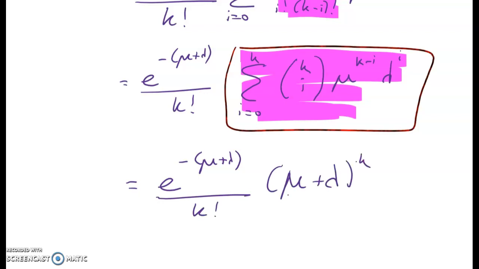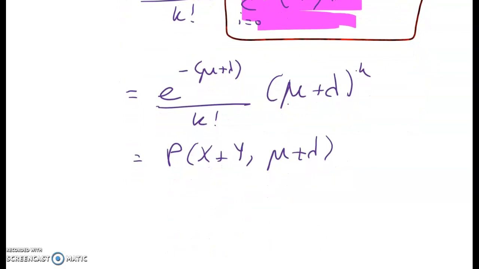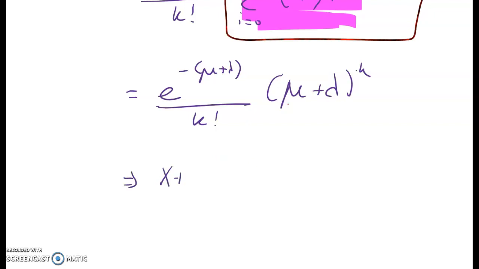So there you go. And that's now equal to the probability of x plus y with mu plus lambda. Actually, that's written wrong, so let's fix that. We can say that x plus y is distributed as Poisson with parameter lambda plus mu.